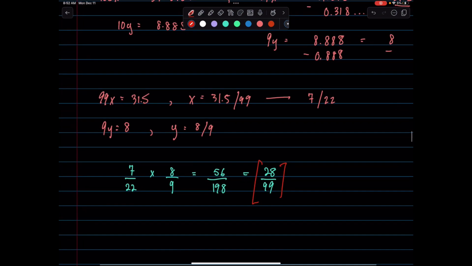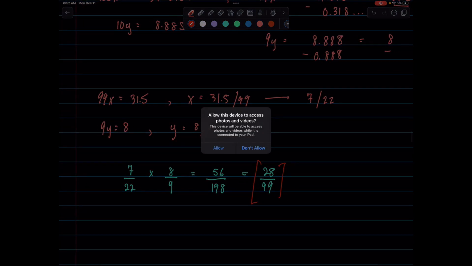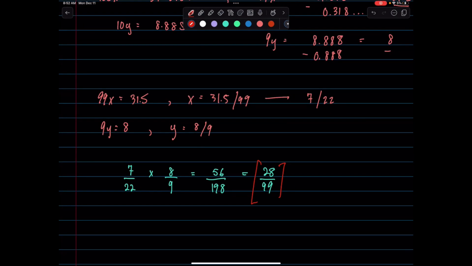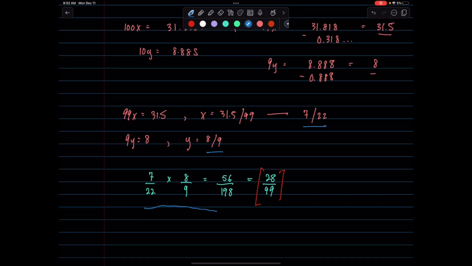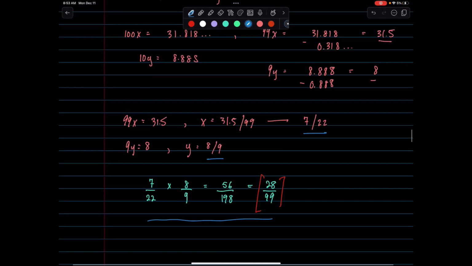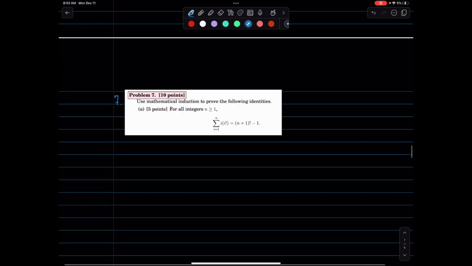So what we did here is basically just find a way to represent those infinite repeating numbers in fractional form. And then from there, some simple multiplication with fractions, and we come to the answer. Alright, next question.